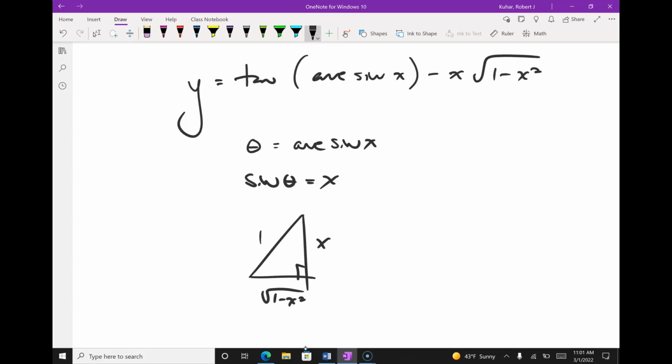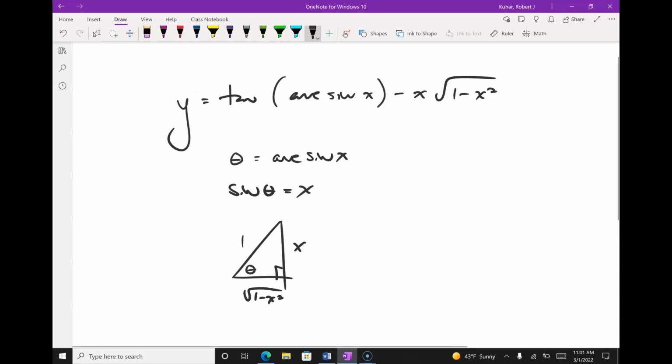Everyone okay there? Okay, before we get super into it, what is the question asking? Find y prime in terms of x.